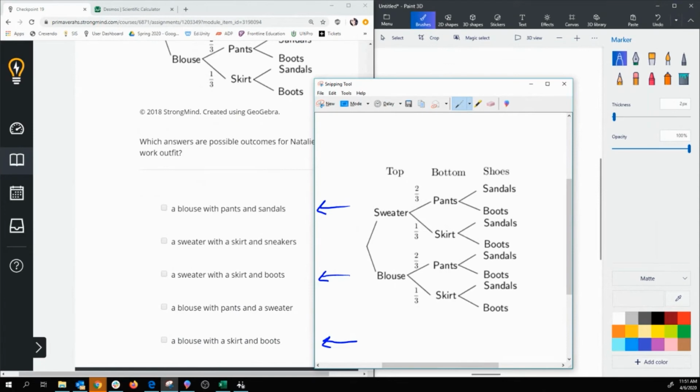But this one has 3 different options that work. So a blouse with pants and sandals, a sweater with skirt and boots, and then a blouse with a skirt and boots. Let me know when you guys are ready and we can go on to the next one. Yeah, I don't know why they put 2. It might have been a mistake when they were making the checkpoint.